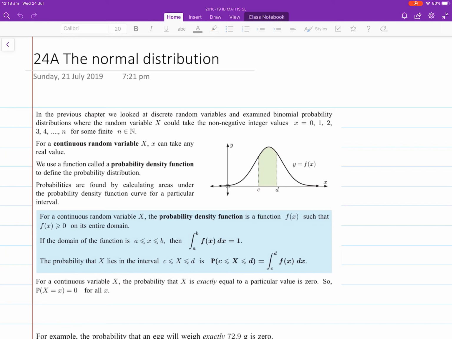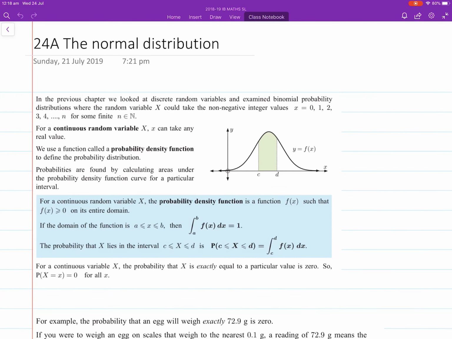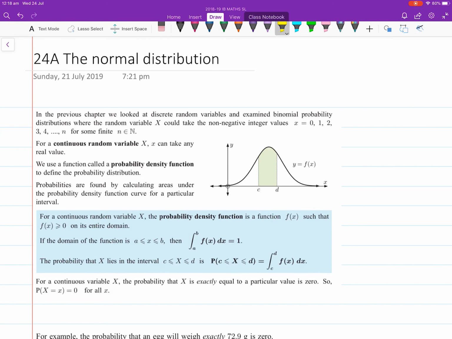Now, in the last chapter, we were doing discrete random variables. Now remember, discrete means they're like integer numbers. And this was always in the context of binomial probability, where you have, say, the event and the non-event.